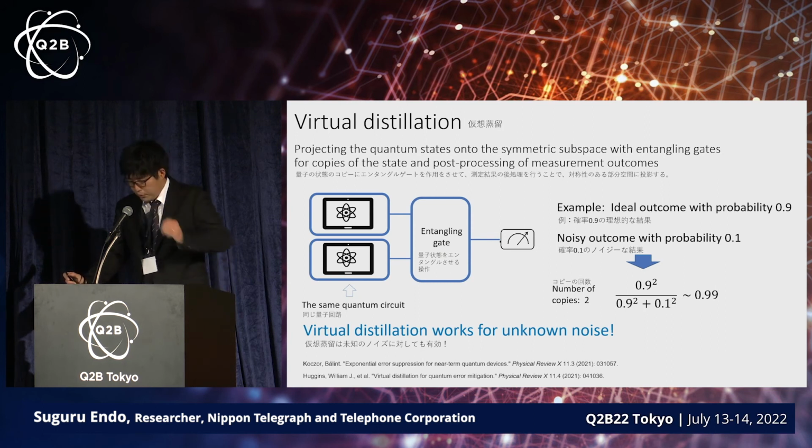And the example is like, when the ideal state comes with 0.9, and the noisy quantum state comes with probability 0.1, when we use two copies of quantum state, the effective probability to get the correct quantum state is improved to 0.99, and the remarkable benefit of the virtual distillation is like it works for unknown noise, so it really works for the quantum methodology tasks.